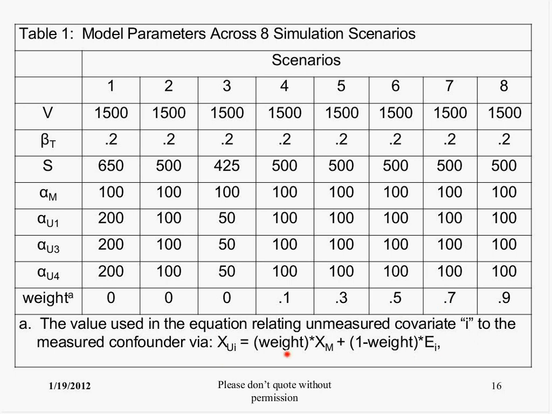And so up in scenario 8, you can see that the vast majority of our unmeasured covariates come from our measured covariate, whereas down in scenario 2, which is consistent with scenarios 4 to 8, there's no relationship. From scenarios 4 through 8, the correlation between the measured and unmeasured covariates grows in these simulations.